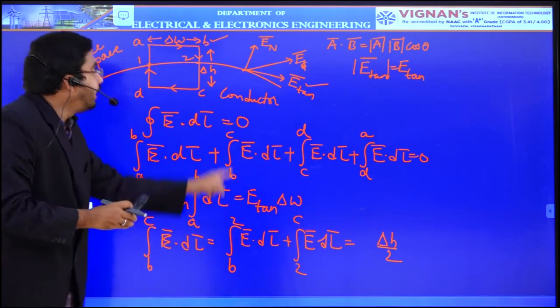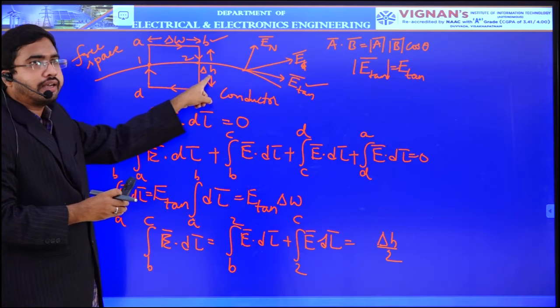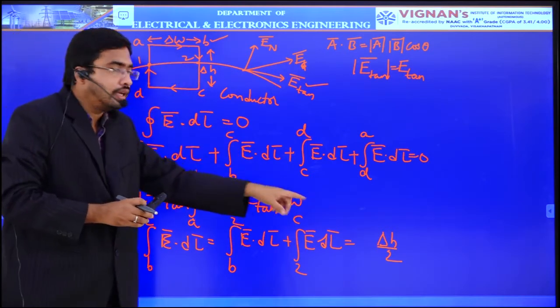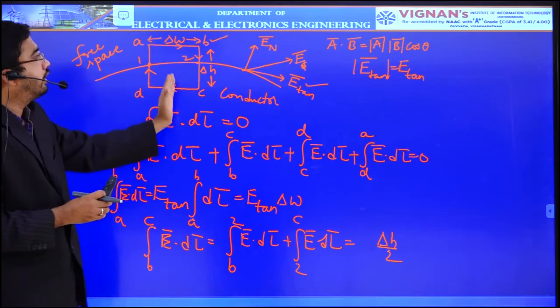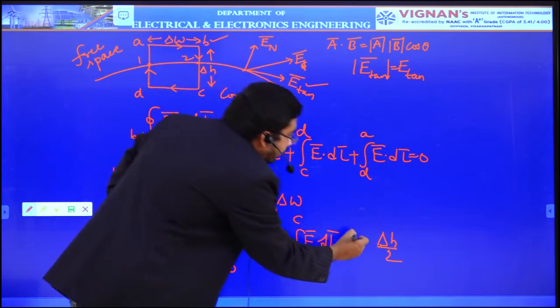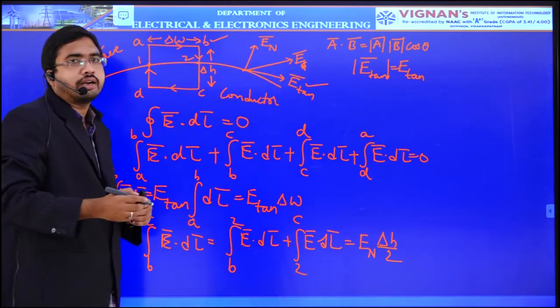Here from B to C totally you have delta h, but from B to 2 you have delta h by 2. And what is the E bar component that is covered in this direction, the vertical direction? The E bar component is En bar. Okay, En bar. That means its magnitude is En. En into delta h by 2.